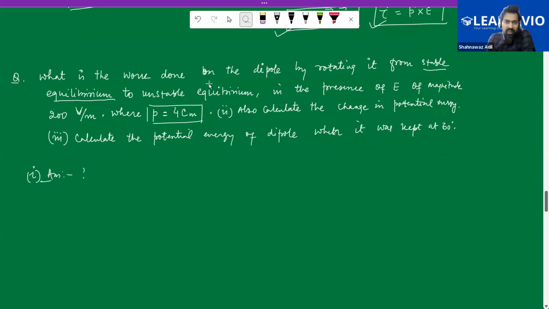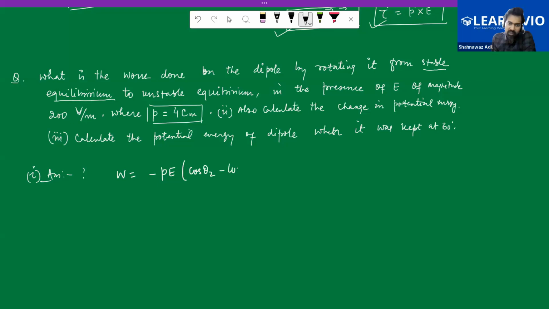We know that the work done is simply minus PE into cos theta 2 minus cos theta 1.